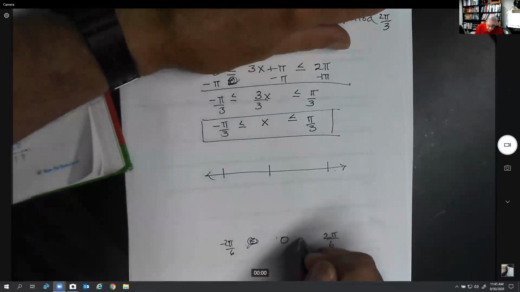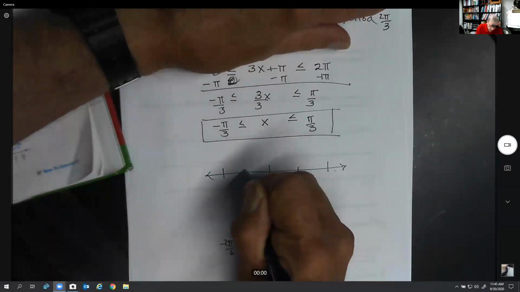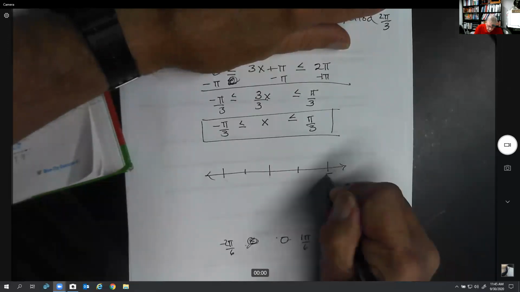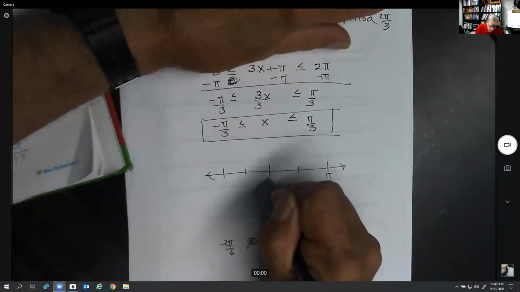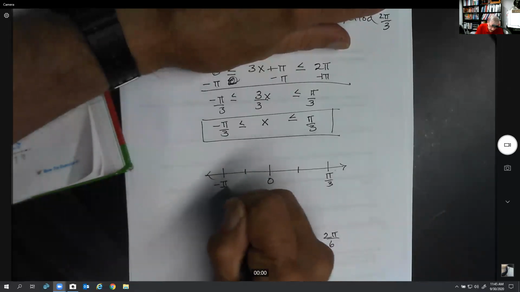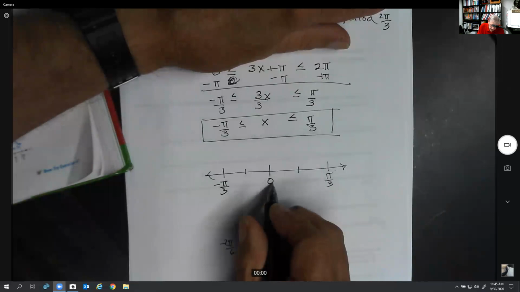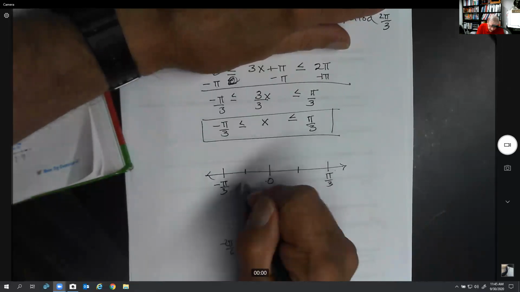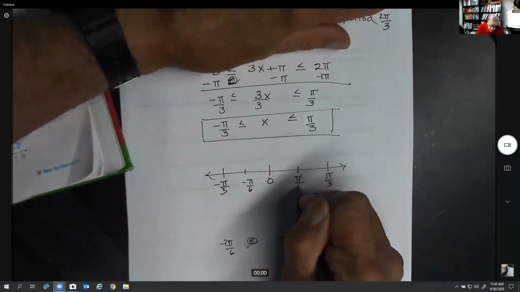So you can see this point right here, between here and here, would be 1 pi over 6. And over here, this is going to be pi over 3, 0, negative pi over 3, and then the halfway point between these two is going to be negative pi over 6, and positive pi over 6. It's going to be the number halfway between these.